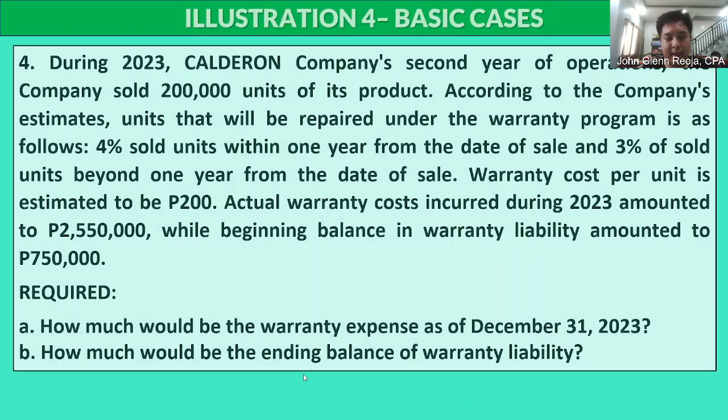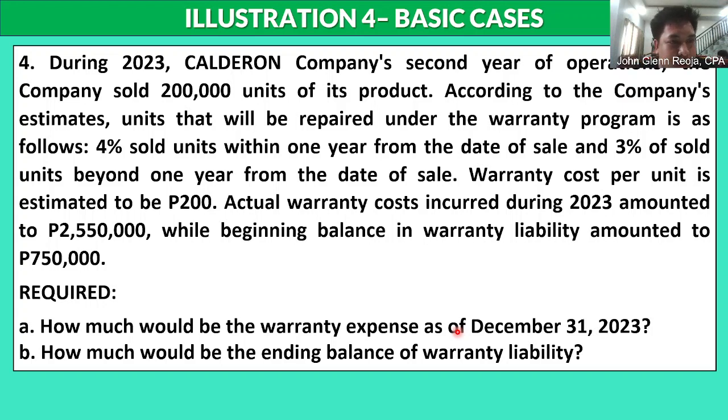Again, another basic example. Illustration 4, basic cases. During 2023, Calderon Company, in its second year of operations, sold 200,000 units of its products. According to the company's estimates, the units that will be repaired under the warranty program are as follows: 4% of sold units within 1 year from the date of sale, and 3% of sold units beyond 1 year from the date of sale.